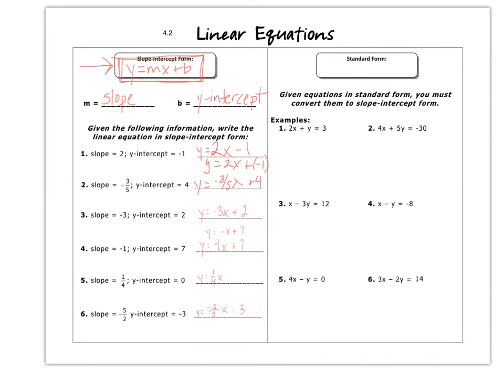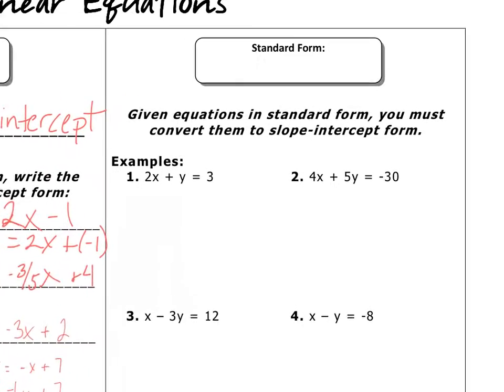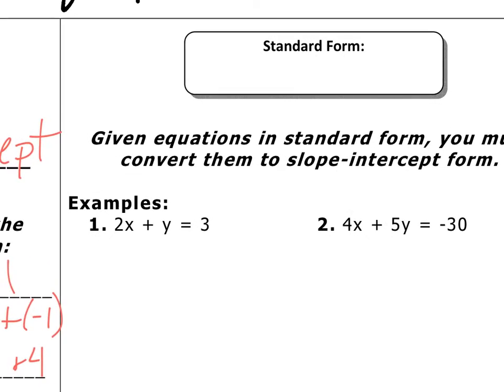So that's slope-intercept form, y equals mx plus b. As with everything in math, we have another form that we can graph stuff in, and we see that just right over here, and this is called standard form. Standard form looks a little bit different than slope-intercept form.